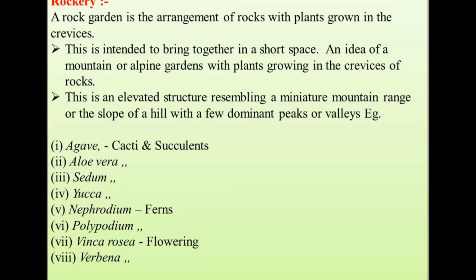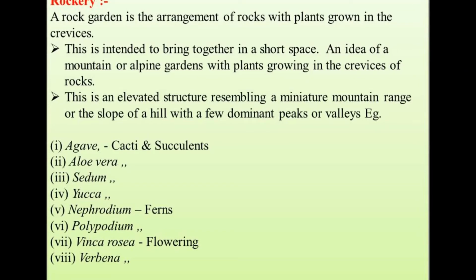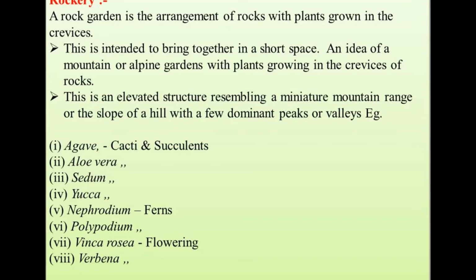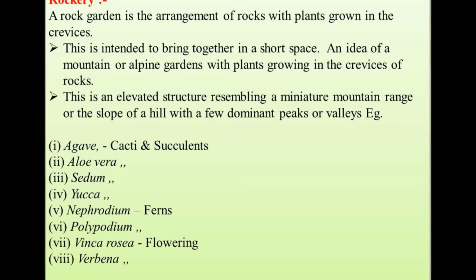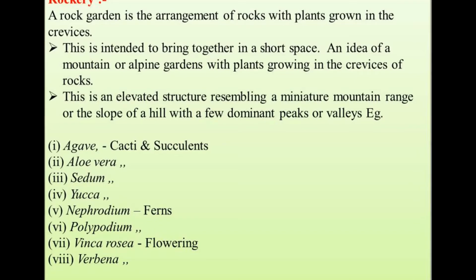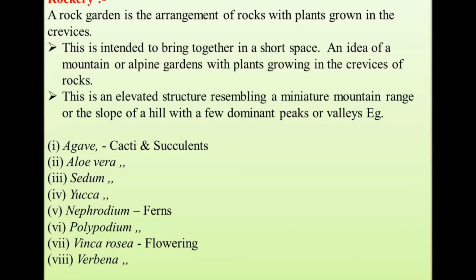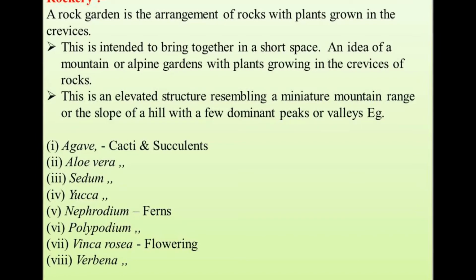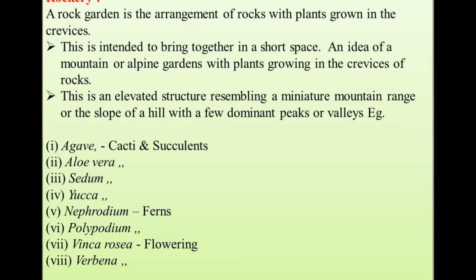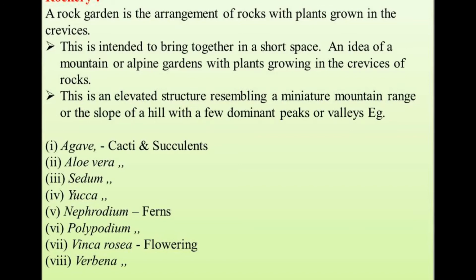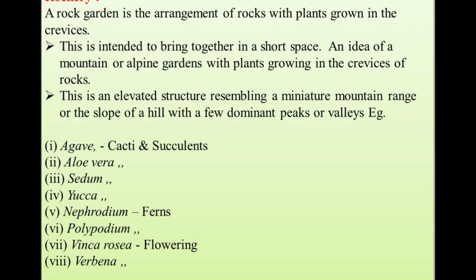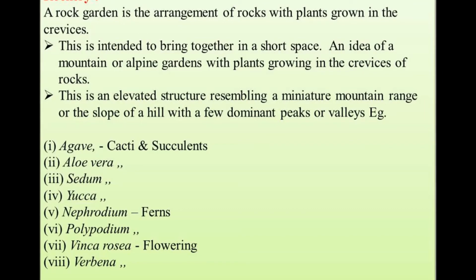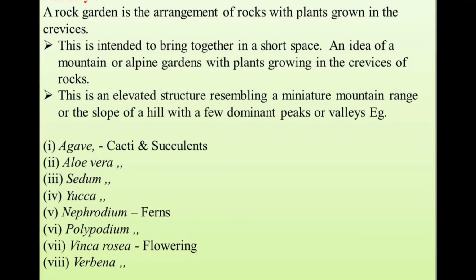This is intended to bring together plants in a short space. Generally in a garden, a small space is allotted for these structures. It is an idea of a mountain or alpine garden. We know mountain gardens or alpine gardens. Generally, it is one idea by which we can represent structures like a mountain or alpine garden in a plain or ornamental garden.